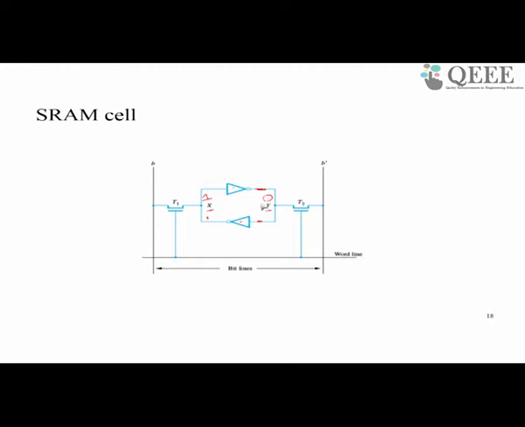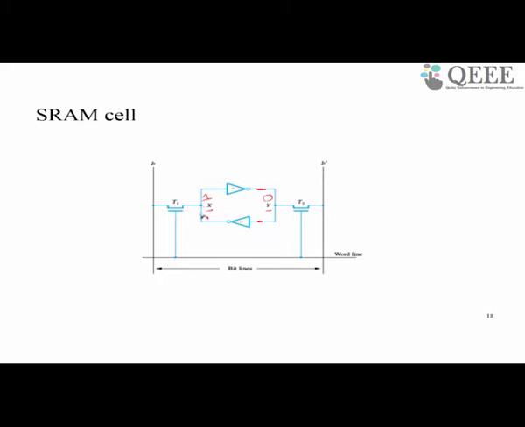So this circuit shows that whatever the value of X may be, it will remain stable as long as this inverter is isolated from the external world. That is, if these two transistors are off, then the value will be retained. On the other hand, when X is equal to 0, that value will also be retained as it is.